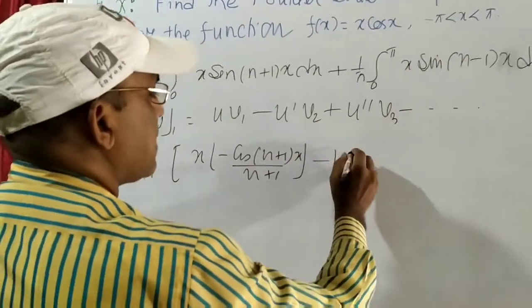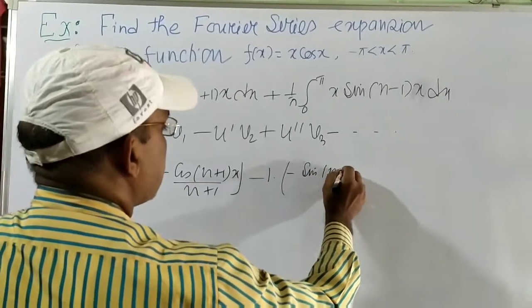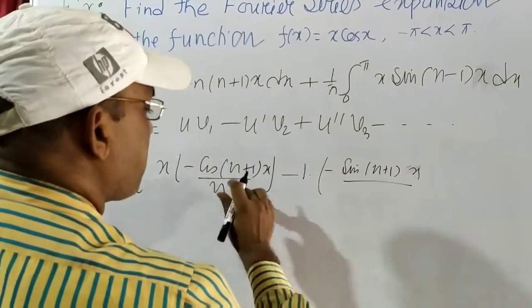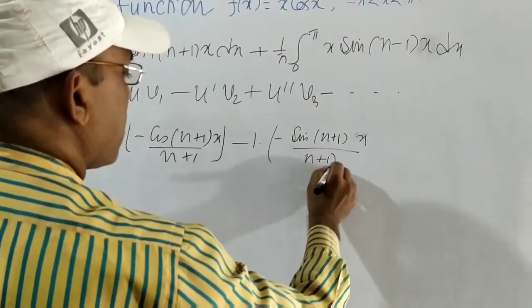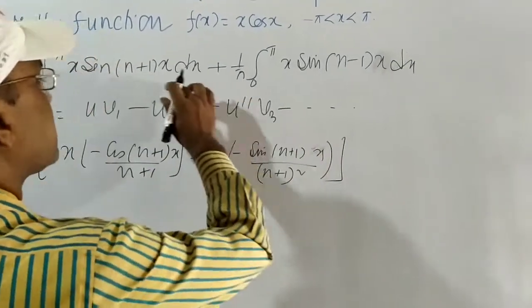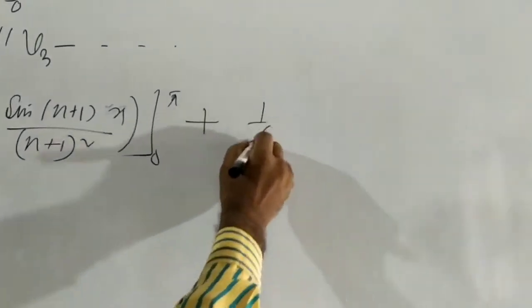Integration of cos means sin, so sin nx by n. This n and another n plus 1 here, so (n plus 1) whole square. The limit is 0 to pi. Plus 1 by pi.